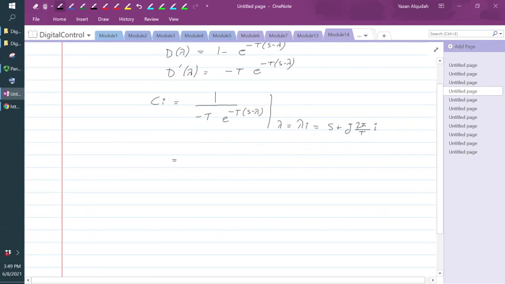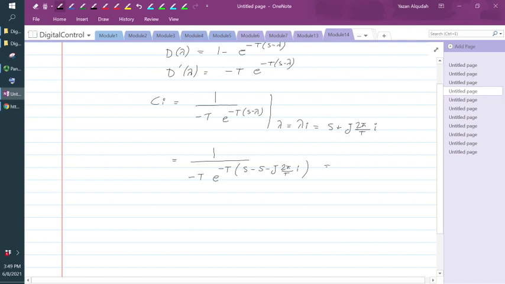We can simplify. If I substitute for lambda, this is going to equal 1 over negative t e to negative t, and then I'm going to have s minus j 2 pi divided by t multiplied by I. I just plugged in lambda to calculate Ci.